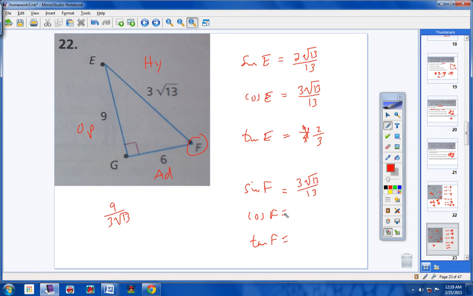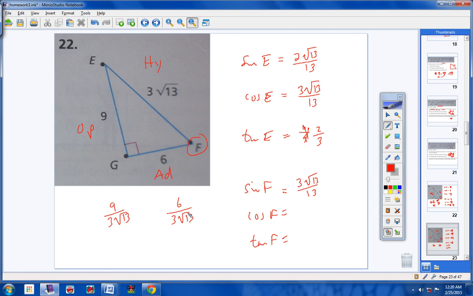Now look at the cosine of F. That would be adjacent over hypotenuse. Now, that would be 6 over 3 square root of 13. Now, here's the deal. Up here, when we were dealing with sine, we had this right here, and we had to multiply the top and the bottom by the square root of 13.